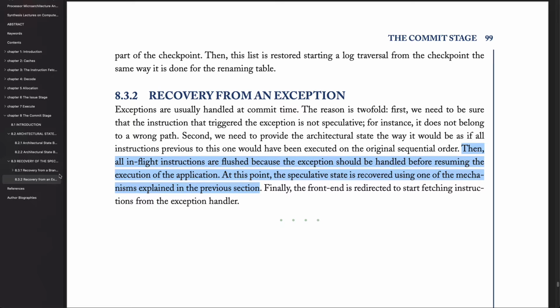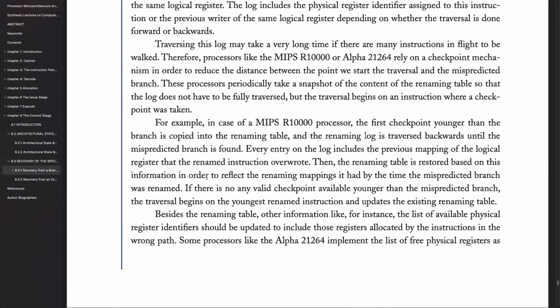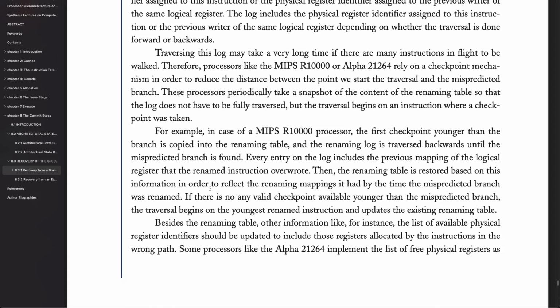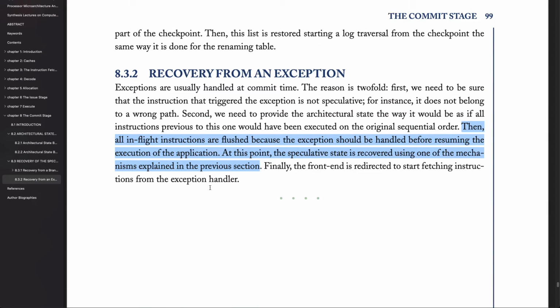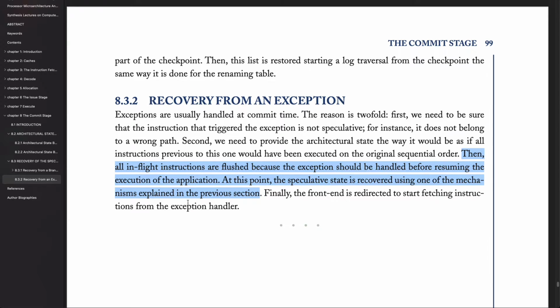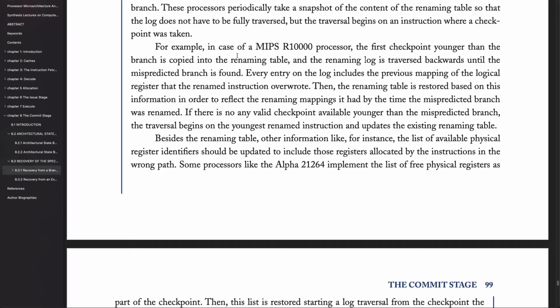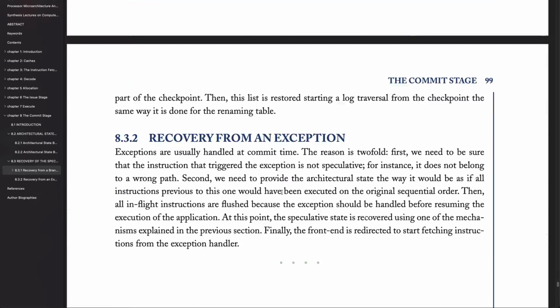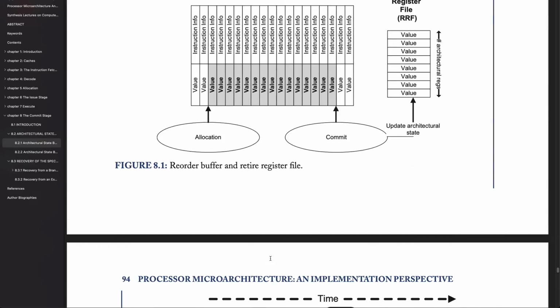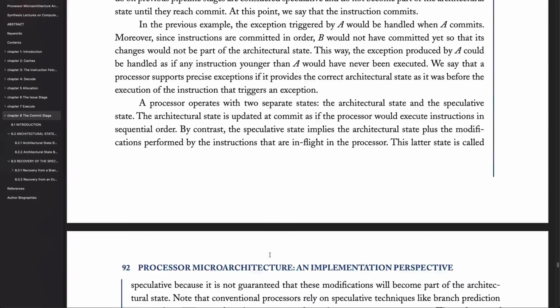So, TLDR, right? The ROB plus RF recovery, or this sort of rewind recovery based on breadcrumbs in the renaming table, are both sort of backend recovery. The backend recovery for the unified register file is a lot slower, which is why we have this backend front-end graph earlier in the chapter somewhere.